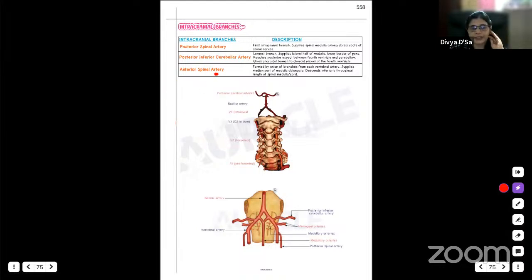I'm sorry, correction: the anterior spinal artery is single, and it runs in the median, whereas the posterior spinal arteries are in pairs and run in the posterolateral sulcus. The anterior spinal artery is formed by the union of one branch from each vertebral artery, and they join together to form the anterior spinal artery, which runs in the anterior median fissure.